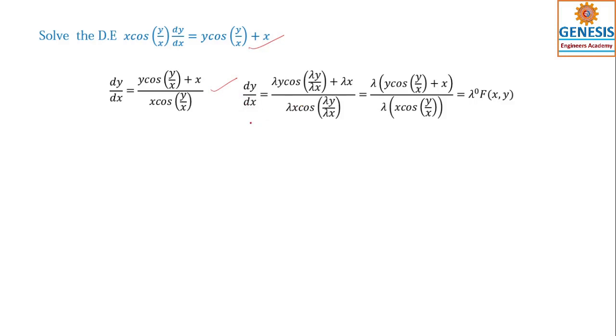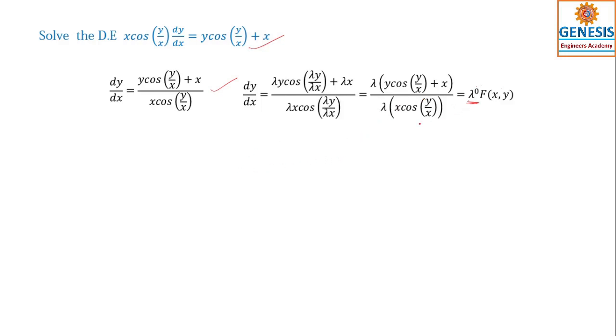We can solve this problem only if you can arrange it in lambda to the power of 0 form. Otherwise we cannot find the general solution. This can be done by taking a common factor of several terms also.